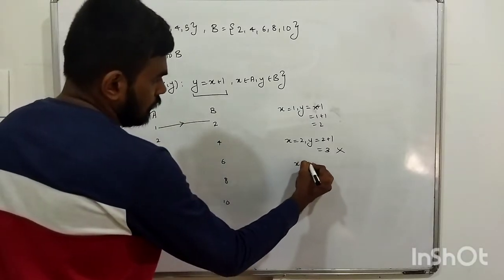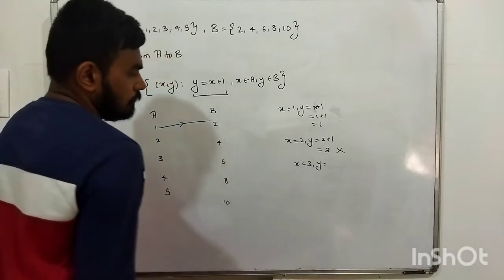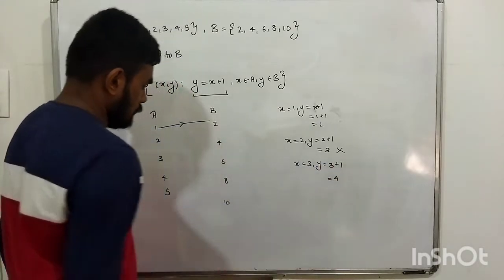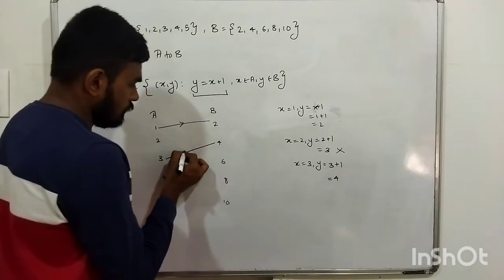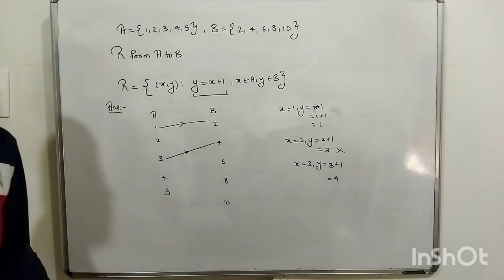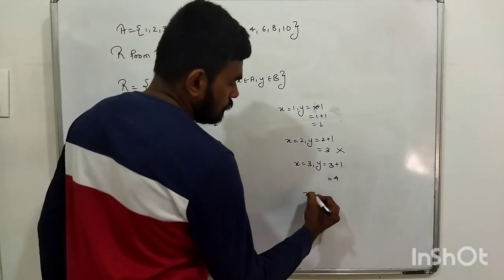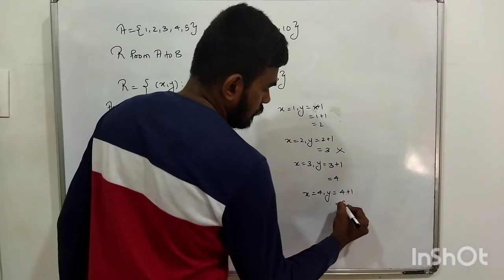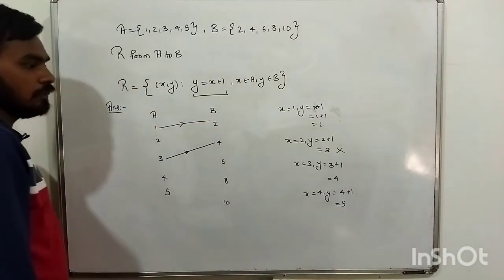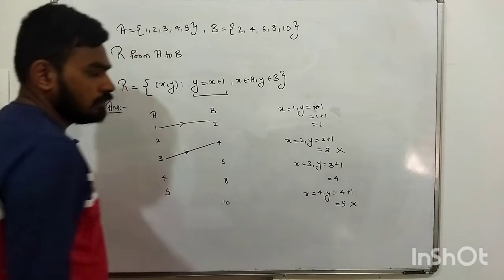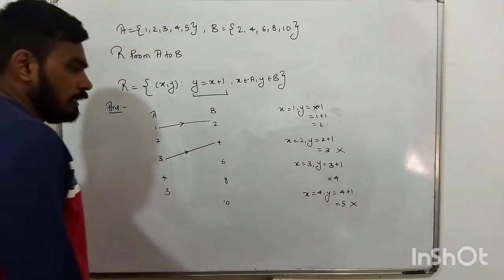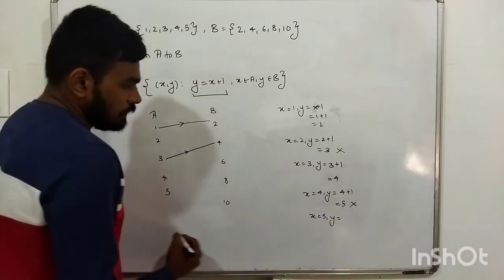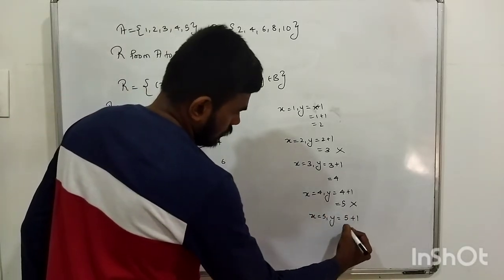Similarly, x is equal to 3, y is equal to 3 plus 1, y is equal to 4. So 3 can be related with 4. When x is equal to 4, y is equal to 4 plus 1, which is 5. But there is no 5 here. Similarly, when x is equal to 5, y is equal to 5 plus 1, which is 6.